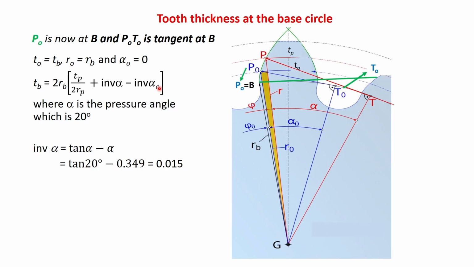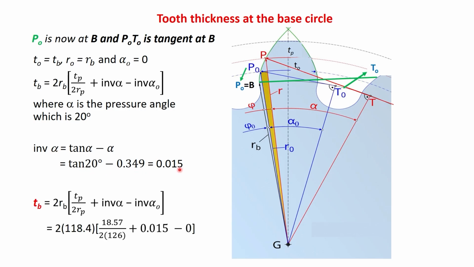So, the pressure angle is 20 degree, and so involute of the alpha is given by 0.015, and alpha 0 is 0, and so substituting these values we got the gear tooth thickness at the base circle, which is 21 mm.